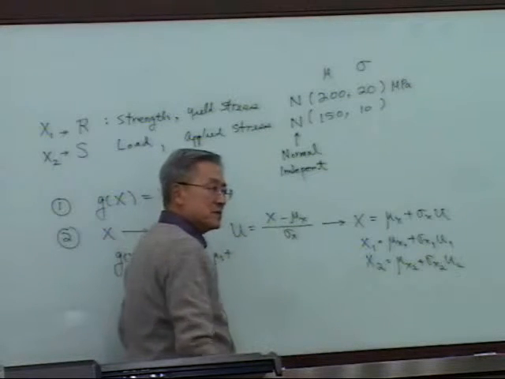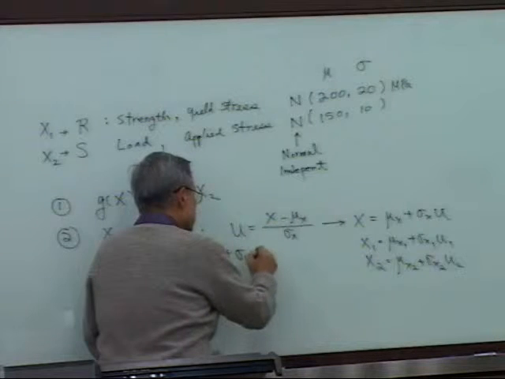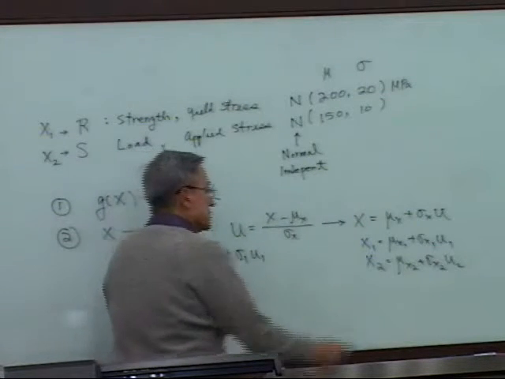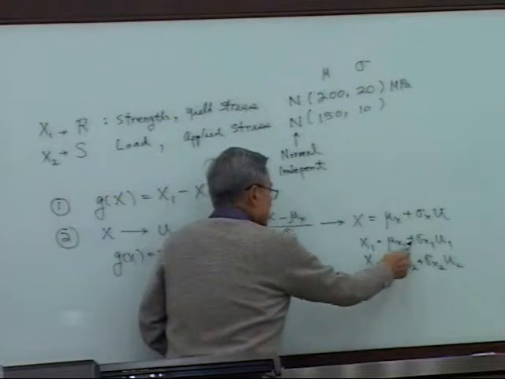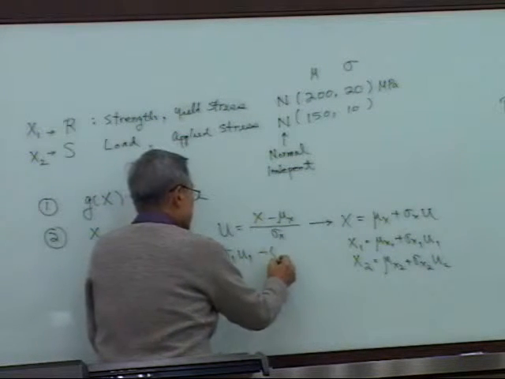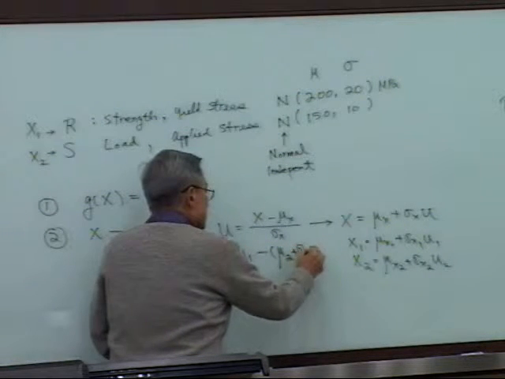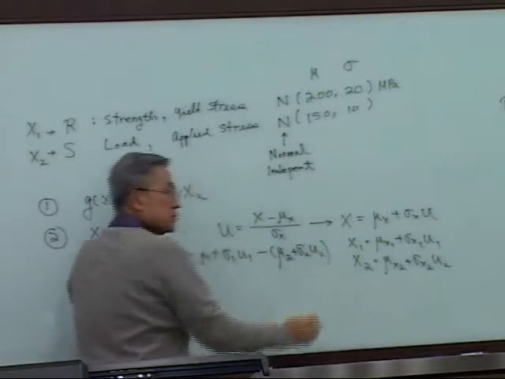It's okay to simplify it. So mu1 plus sigma 1 u1, nothing to confuse, it just simplifies it, and minus mu2 plus sigma 2 u2.